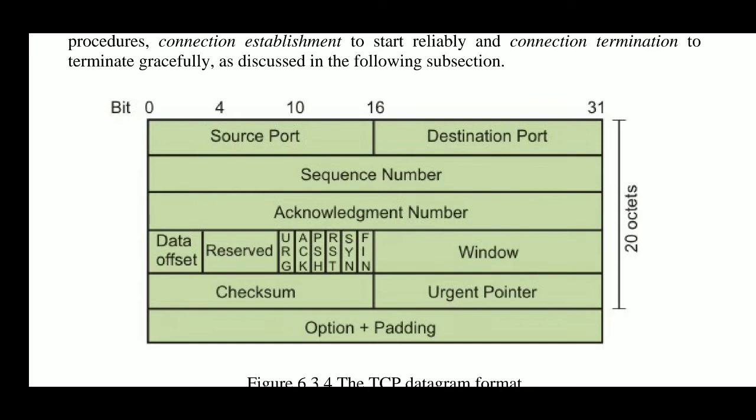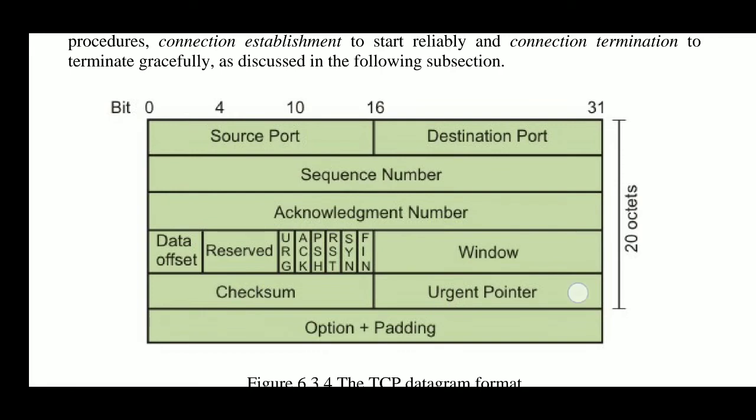Checksum is a 16-bit field used for error detection, and the urgent pointer is a 16-bit field used only when the URG flag is valid. The options field is an optional 40 bytes of information, and if it is less than 32 bits, then we use padding bits to complete the 32-bit format.